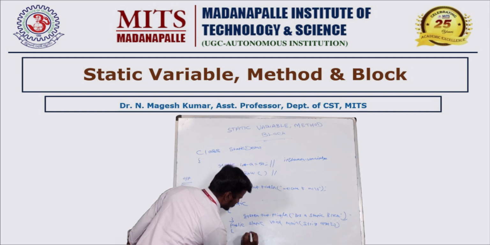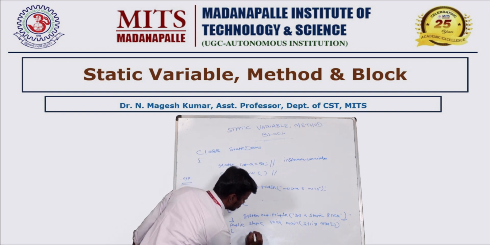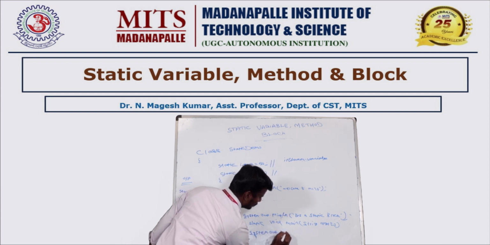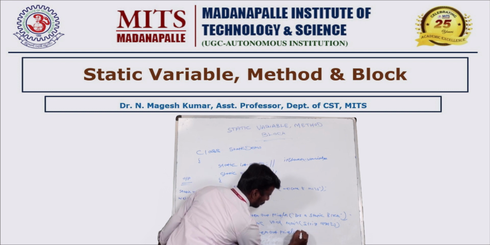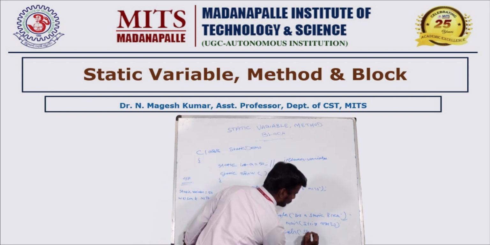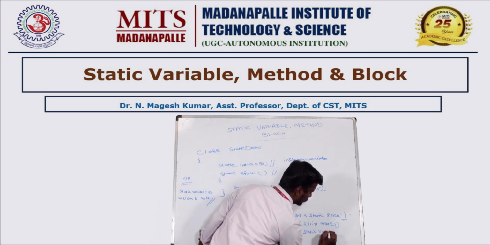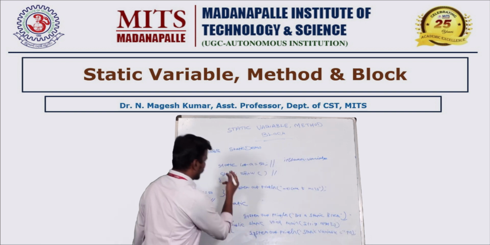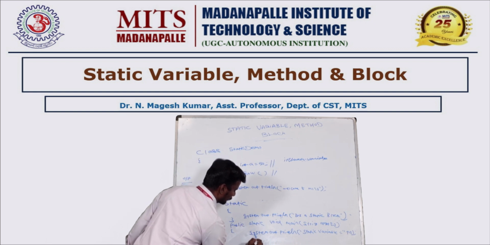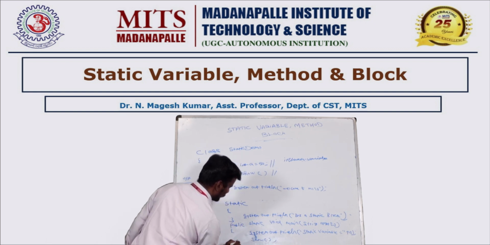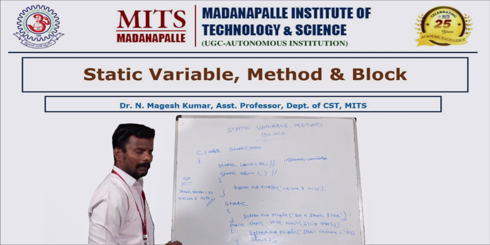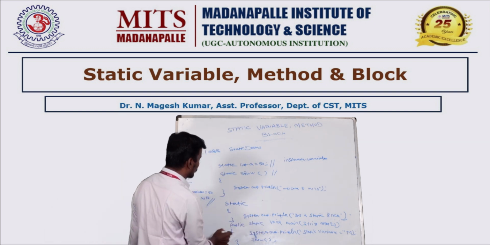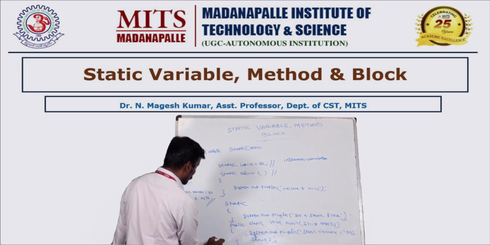So here System.out.println, static variable is equal to, plus a, and next the static method, whose name we invoke directly. We invoke the static variable and the static method directly, then close the main method and close the class.